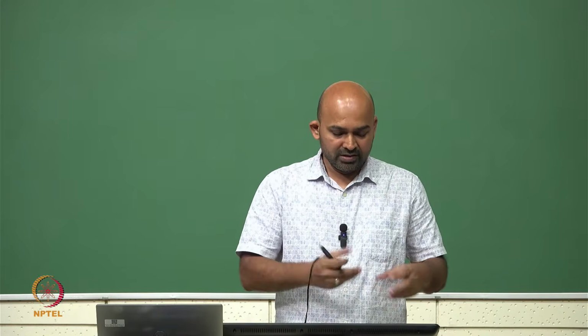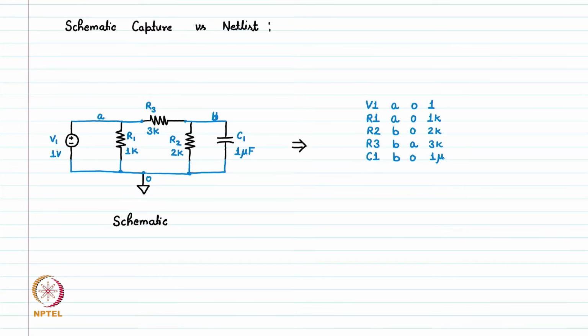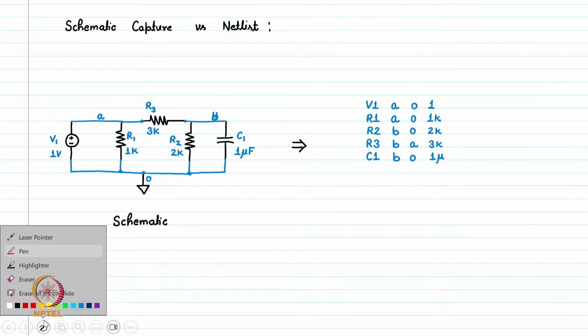It is easy for us to make a circuit in graphical format, just like we connected resistance and capacitance, and there is a way of converting this graph into this text format, which is called the netlist. You see this, all the individual components have their particular syntax, which we are going to discuss. For example, the voltage source, which is connected between A and 0, and the value is 1 volt. So, this is called the netlist.